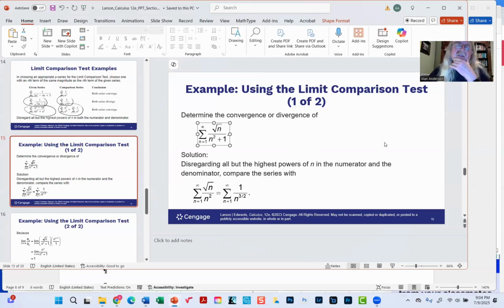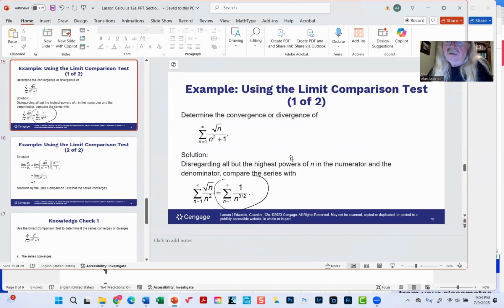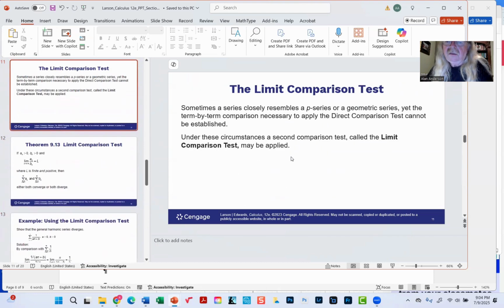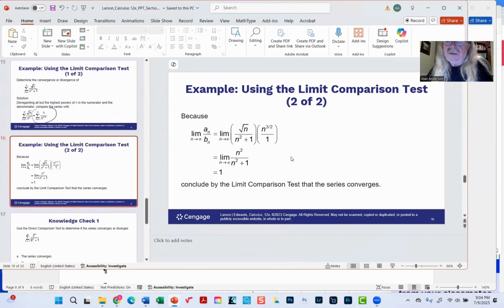They're having us compare this with this. Okay. So then the limit turns into one. That means that the series converges.